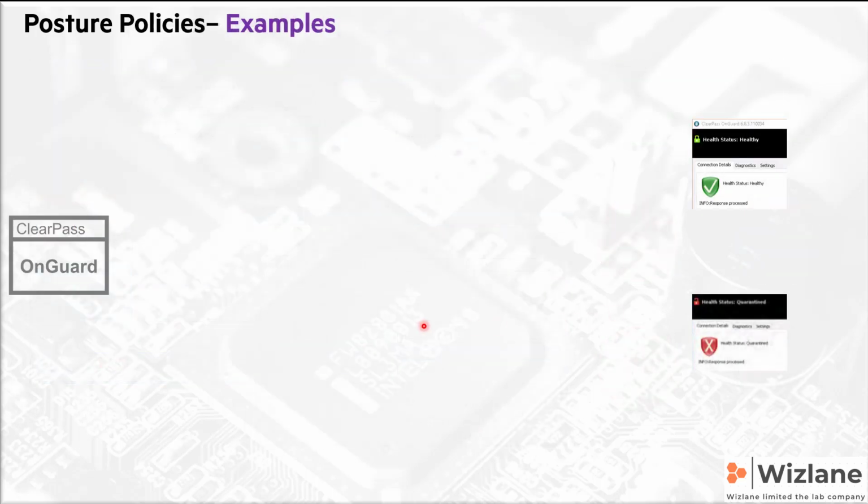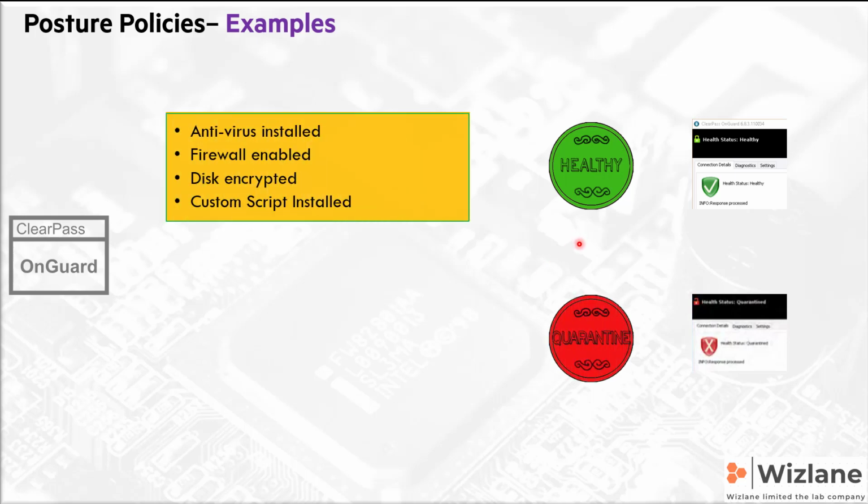So an example here, if I have a system that I would like to test, and these tests have passed my health validation, like antivirus installed, firewall enabled, disk encrypted, and so on, I will assign a healthy token, and then that is the OnGuard agent running on the machine showing me something.